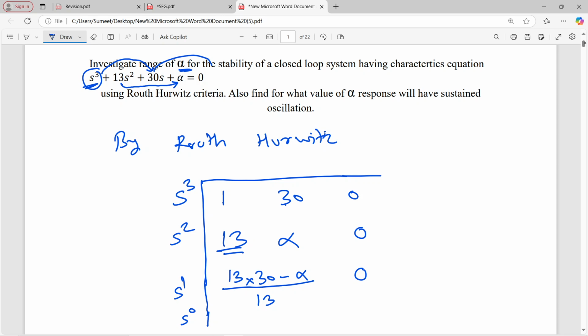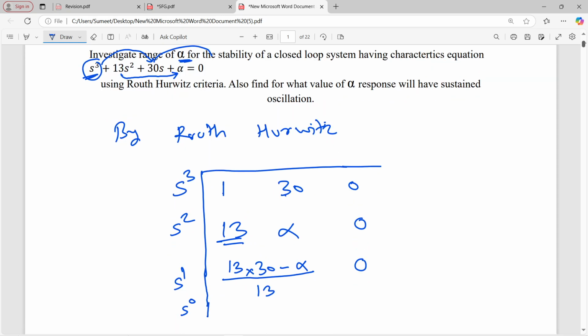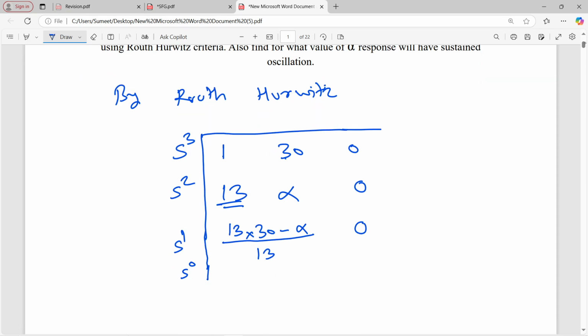Okay, after that last element, once again we will repeat this term. 13 into 30 is 390, minus alpha upon 13. I am just writing it in a simplified way, so this is nothing but 390 minus alpha upon 13.